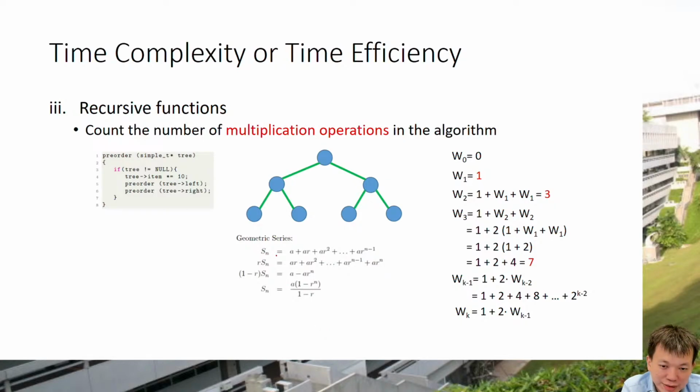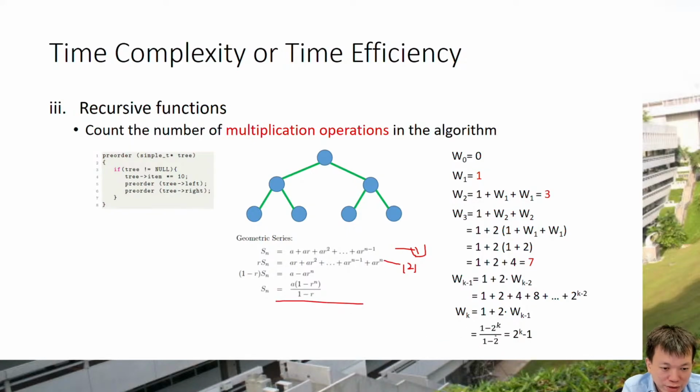Then you have a series: a plus a times r plus a times r squared, and so on and so forth. If you want to derive it, just multiply by r, then you get this. Then the first term minus the second term, you get a minus a times r. So this is the geometric series formula.